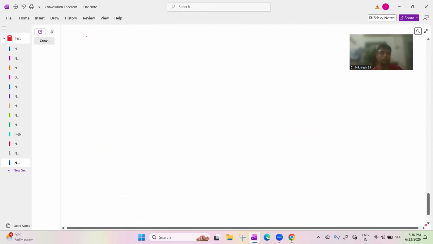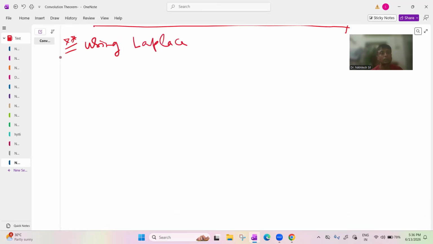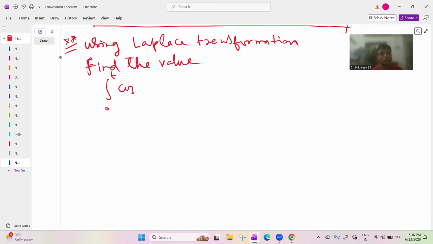Now another very important question. Using Laplace transformation, find the value of integration 0 to t cos x sin t minus x dx.